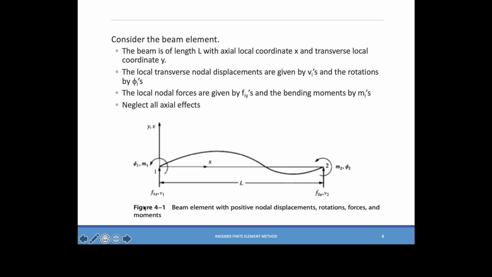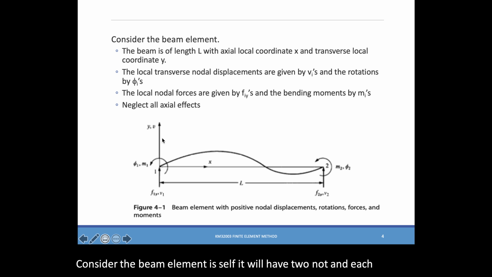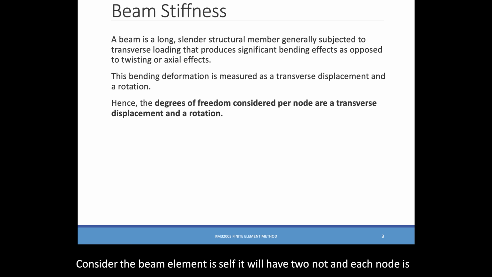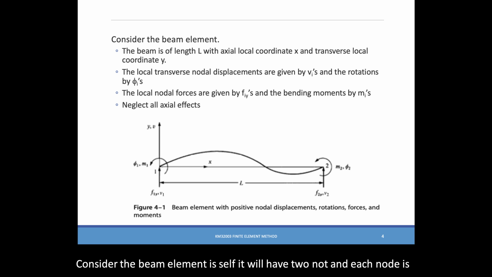Consider the beam element itself. It will have 2 nodes, and each node is subjected to the local transverse nodal displacement as well as rotation given by phi, okay?